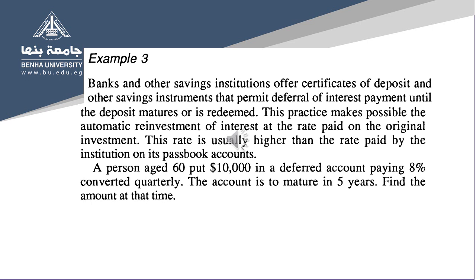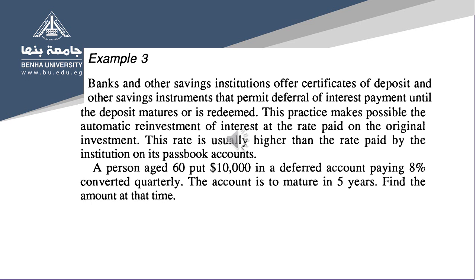Your i, 8% converted quarterly, must be divided by 4. So that the result of i equal 0.02, 2%. And what about n? In 5 years. You must notice that in 5 years, but converted quarterly must be multiplied by 4. So that n equal 20.